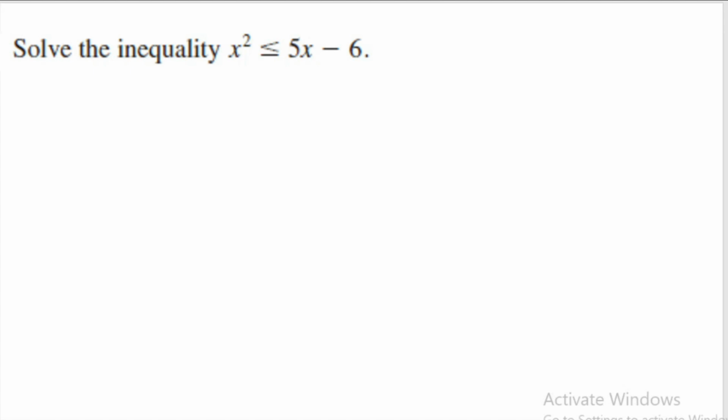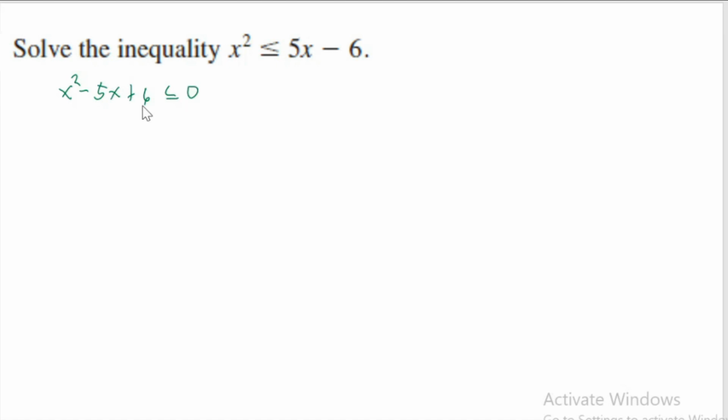Okay, this is the example. Solve the inequality x squared is less than or equal to 5x minus 6. So using step number one, we have to move all terms to one side. So we have now to write x squared minus 5x plus 6 is less than or equal to 0.